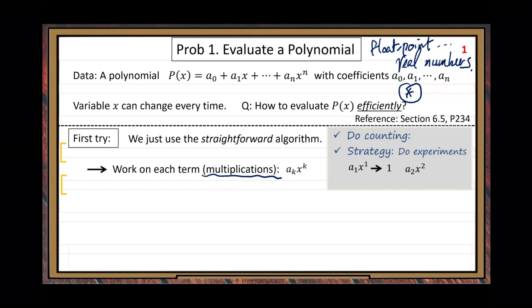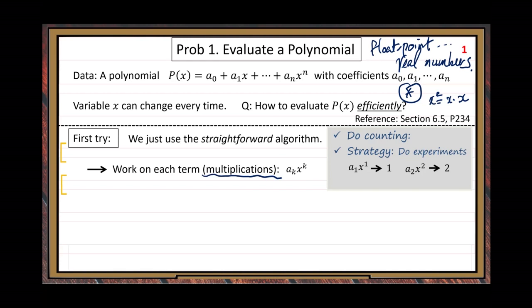How many multiplications? Not 3, because when you calculate x squared, you need 1 multiplication, x squared equals x times x. After that, you multiply the coefficient a2, so you need another multiplication. So 1 plus 1, the answer is 2 multiplications.